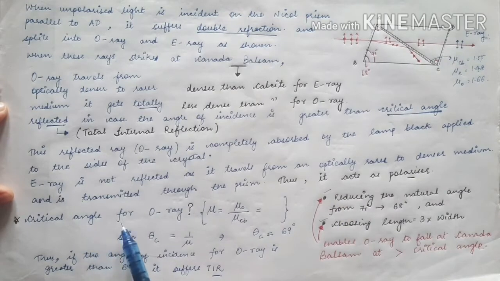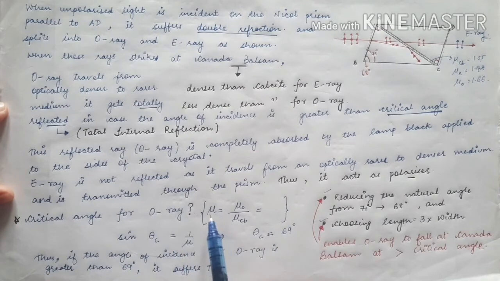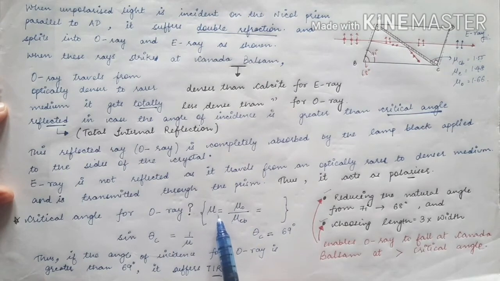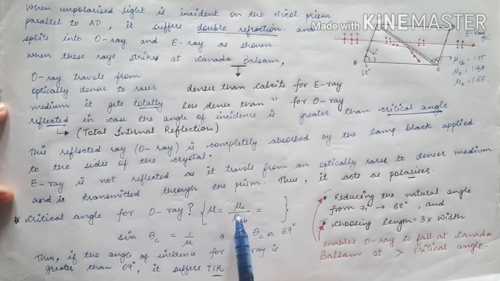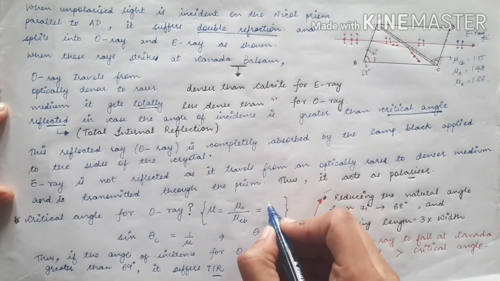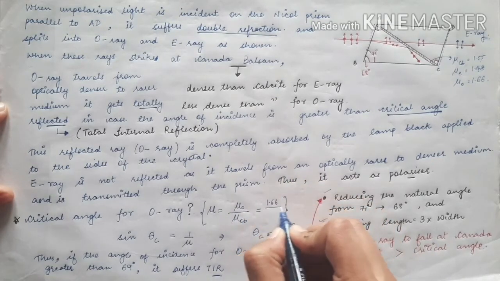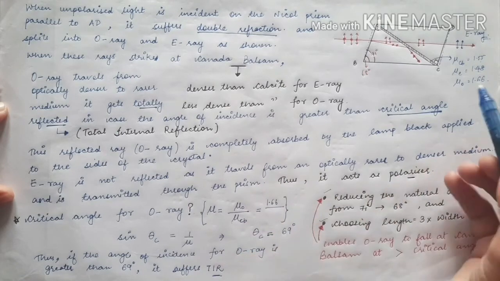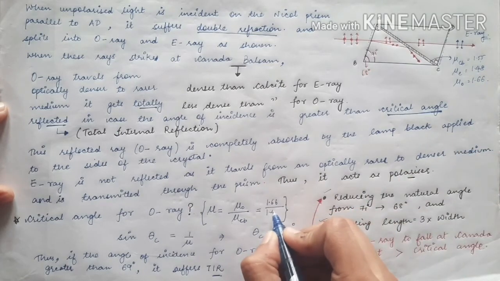Now what is the critical angle for the case of the O ray? Let's say we write the refractive index of the O ray with respect to the Canada balsam as mu. The refractive index of the O ray in the calcite with respect to the Canada balsam layer is given by mu O divided by mu CB. Now what is mu O? Mu O is 1.66, divided by mu CB, that is 1.48.